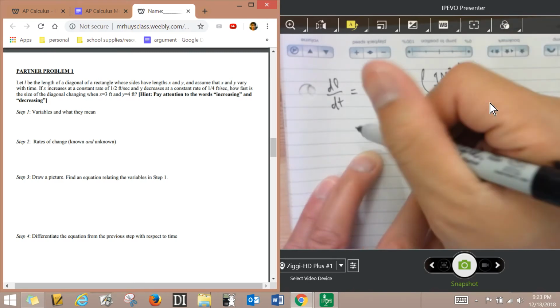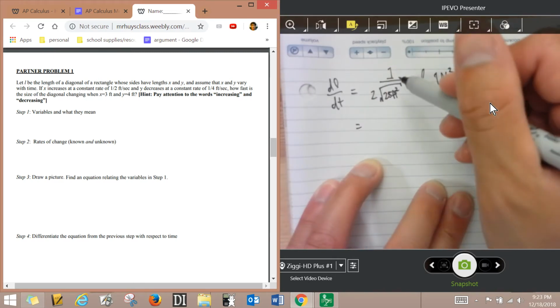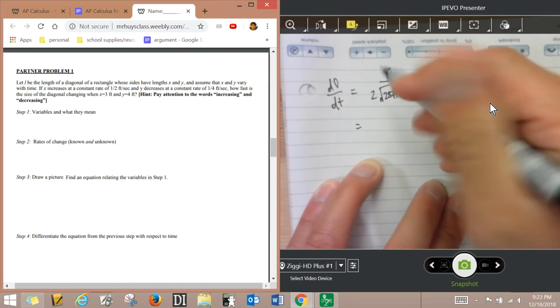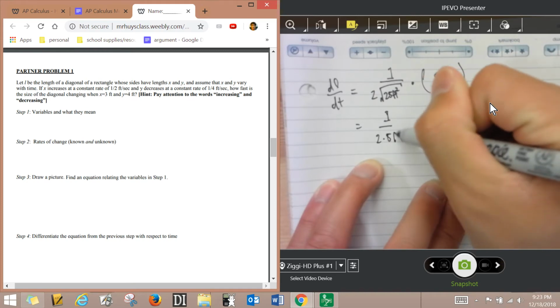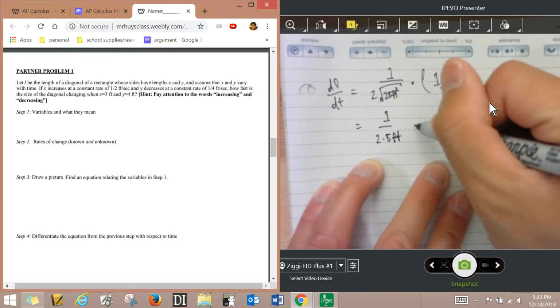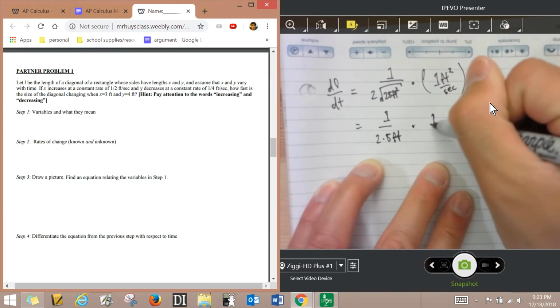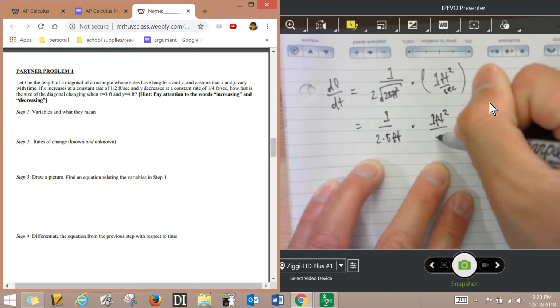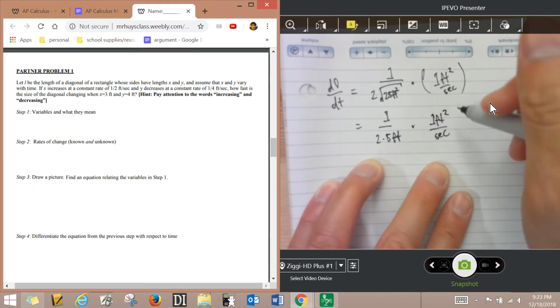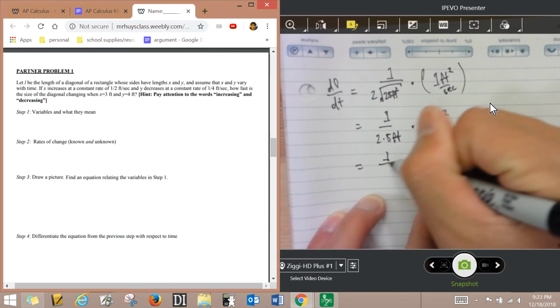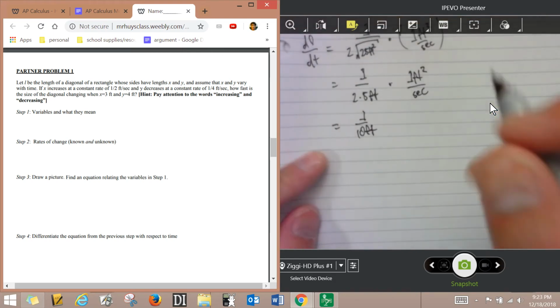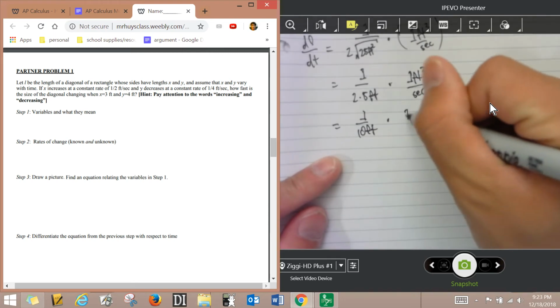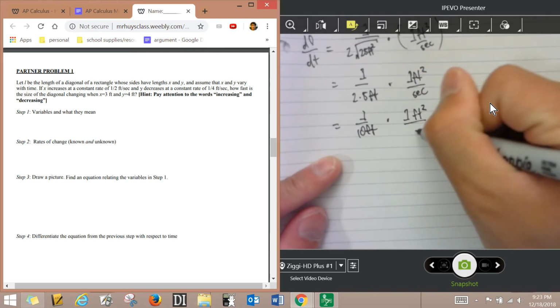And if you think about this, the square root of 25 foot squared is 5 foot. So it's 1 over 2 times 5 feet times 1 foot squared per second. And then that's 1 over 10 feet times 1 foot squared over seconds.